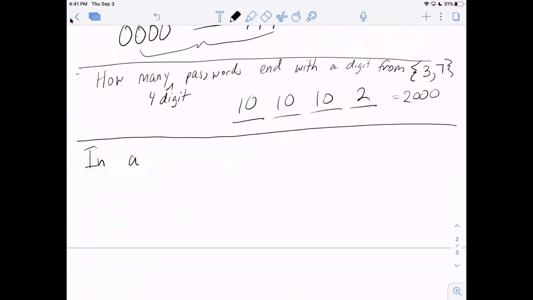Okay, the next one is in a race with 10 racers, 10 runners, let's say.